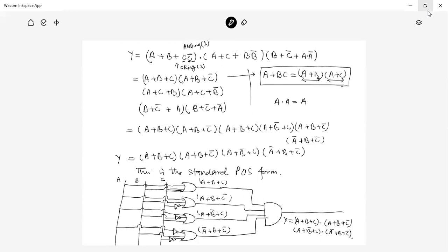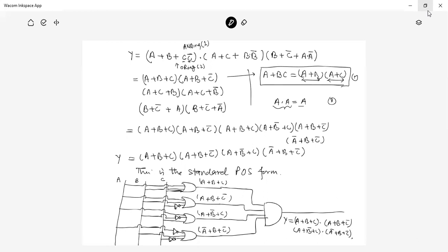And the second one is A dot A is equal to A. So we will use these two identities in simplifying. Similarly, A plus C with B and B bar gives A plus C plus B, A plus C plus B bar. Here it is B plus C bar with A and A bar.